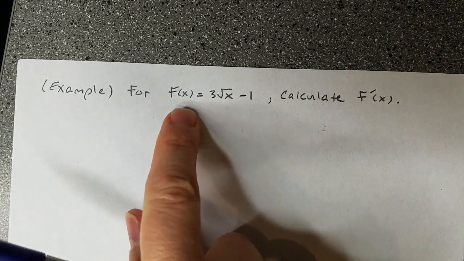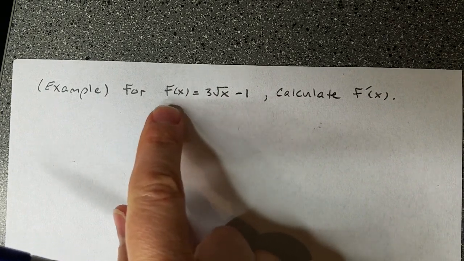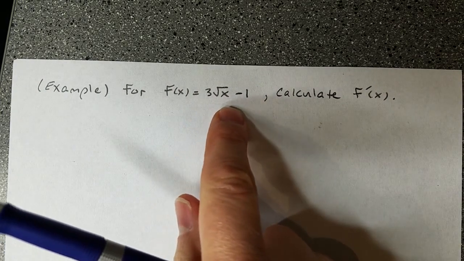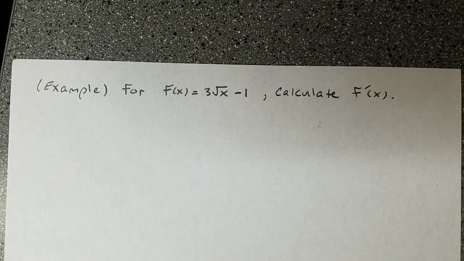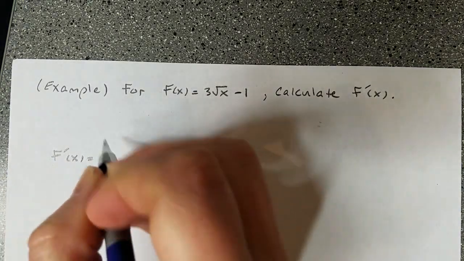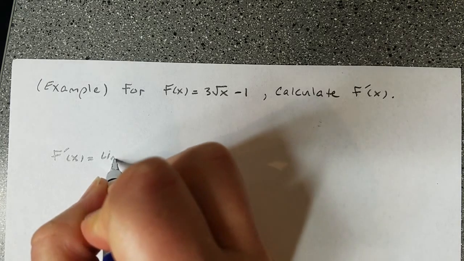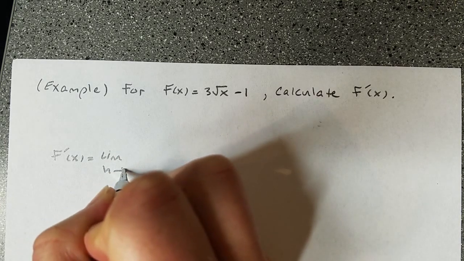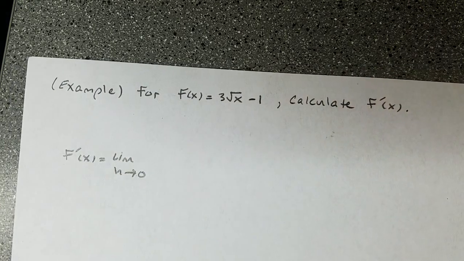So you get this. f of x, your original curve, your original function, is 3 root x minus 1. What is the derivative of that? Well, you know how to start this. It'll be limit as h goes to 0. I'll go ahead and write it.